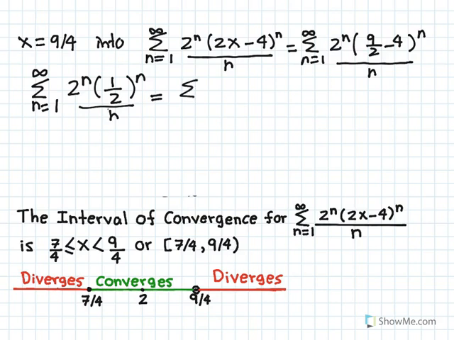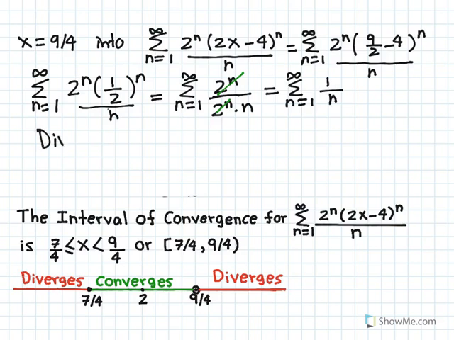Simplifying this, we get summation n equals 1 to infinity, 2 to the power of n divided by 2 to the power of n times n. 2 to the power of n cancels out, and we get summation n equals 1 to infinity, 1 over n, which is a divergent p-series with p equal to 1, or you can say it's a divergent harmonic series.